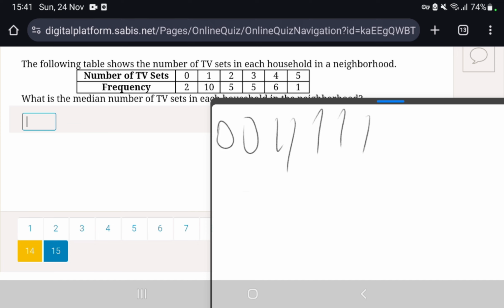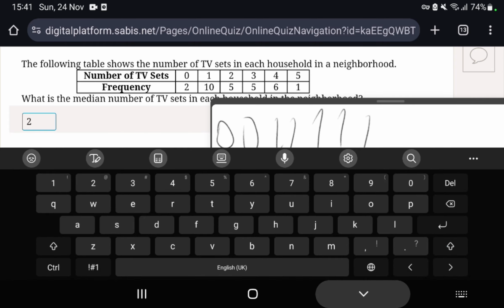So we write 0 2 times, 1 10 times, 2 5 times, 3 5 times, 4 6 times, and 5 1 time. And if we do all of that, and then we start crossing from the start and the end, so on until we get the median, which is 2. Number 15.